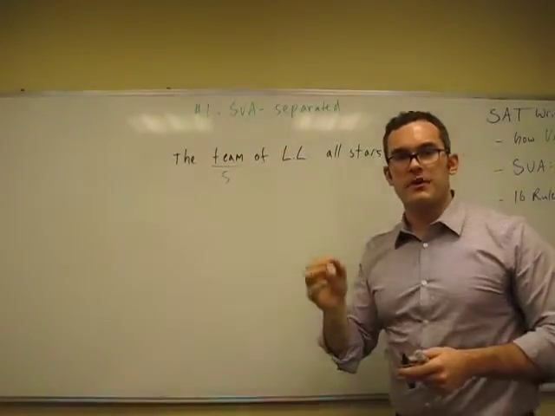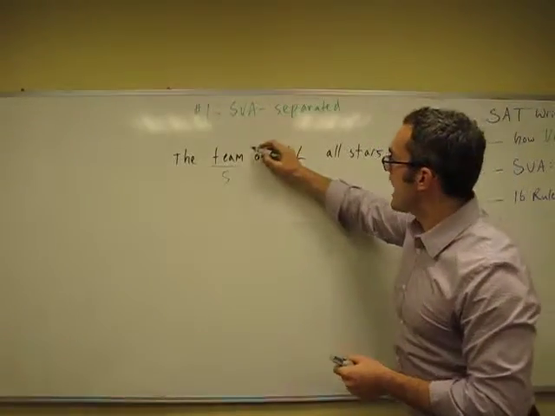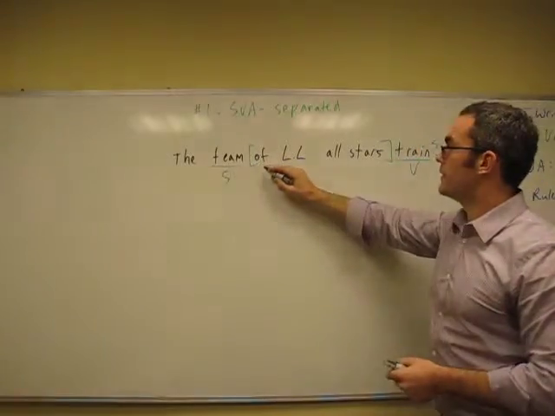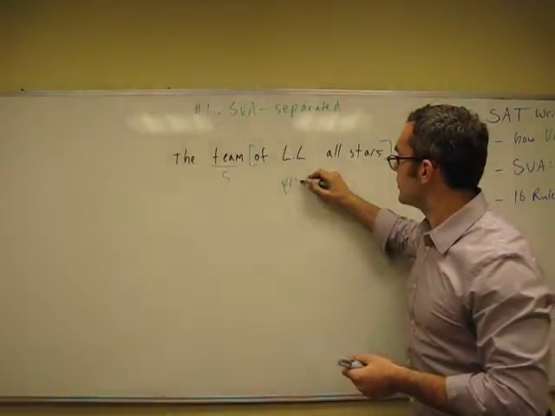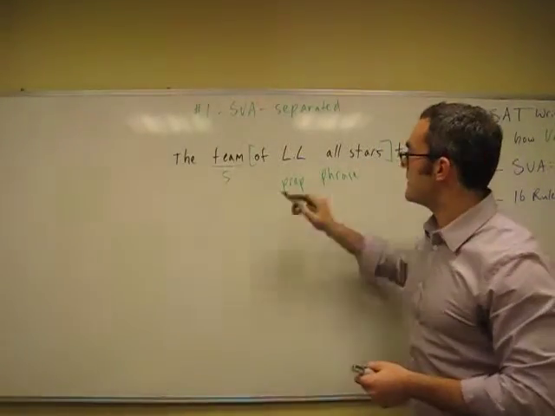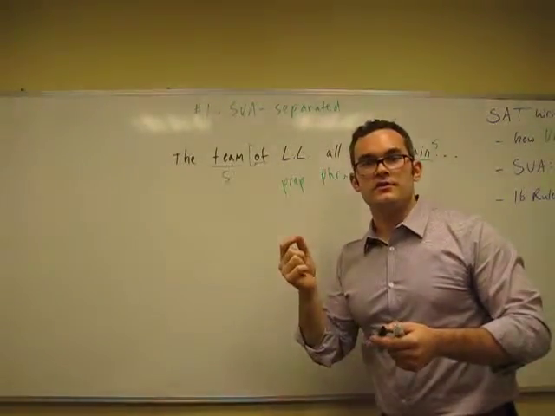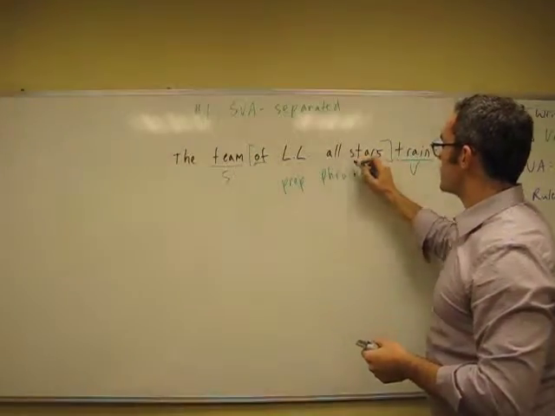But rule number 1, the particular of it, and this is how it's going to appear most often on the exam, is we have something separating the subject from the verb. Here, what's separating the subject from the verb is a prepositional phrase. Like most prepositional phrases on the SAT, it begins with the preposition of. Now, to a student, somewhere deep down in their brain subconsciously, this all-stars is registering.